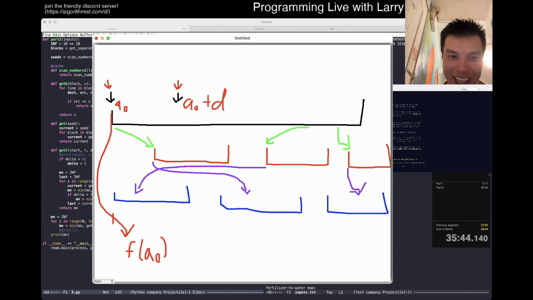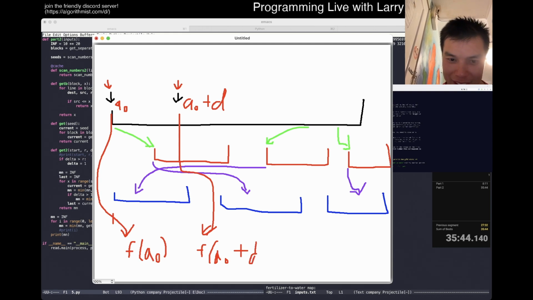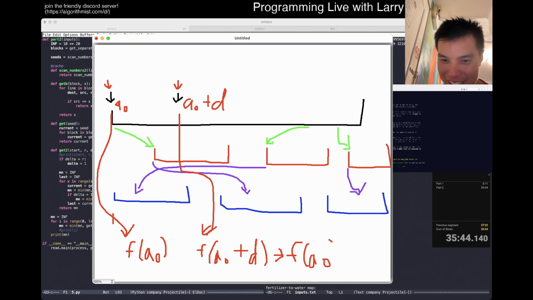Sorry, friends. And this number would map, through the layers, to f of a sub 0 plus D. And if it's not interesting, this is actually just equal to f of a sub 0, plus D, right?